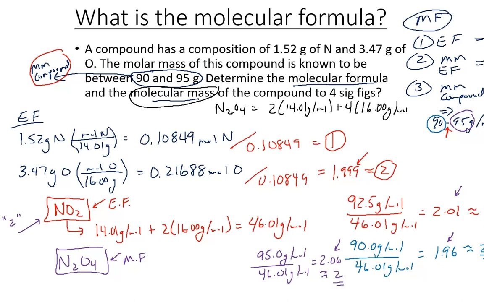Grabbing the calculator and punching it in, we get something like 92.02 grams per mole, which is 4 significant figures, which is what the problem looked for. So once again, you calculate the empirical formula first. Then you get the molar mass of the empirical formula, which is the second thing you need. And the third thing is usually given to you, which is the molar mass of the compound.